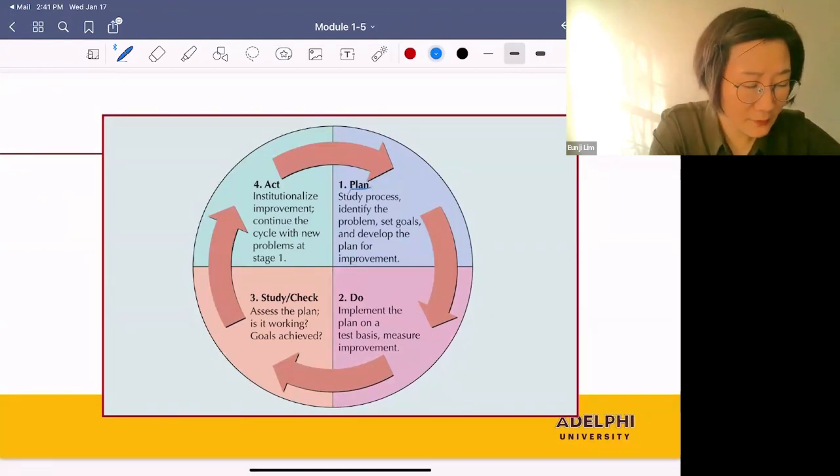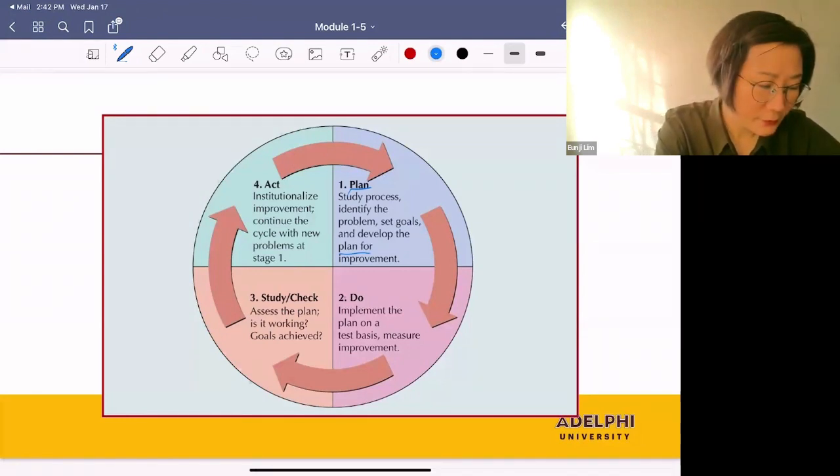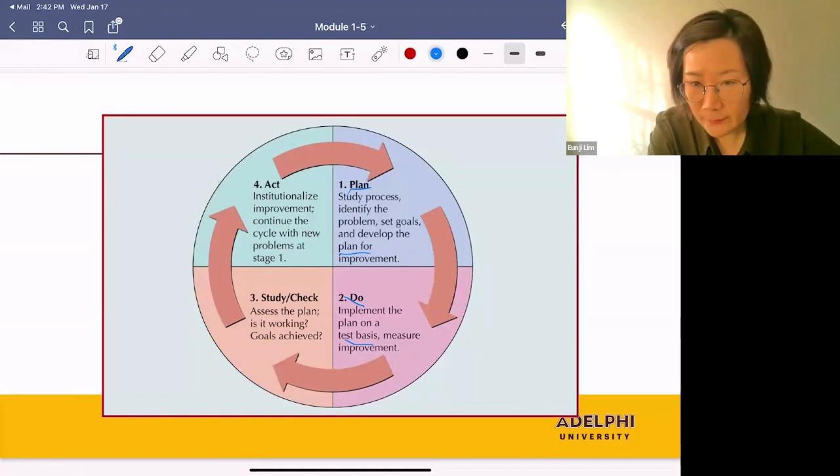You study the process, identify the problem, set the goals, and develop the plan for improvement. In other words, you develop a potential solution for your problem. Next, do. You implement the solution on a test basis on a smaller scale, and you measure the improvement.